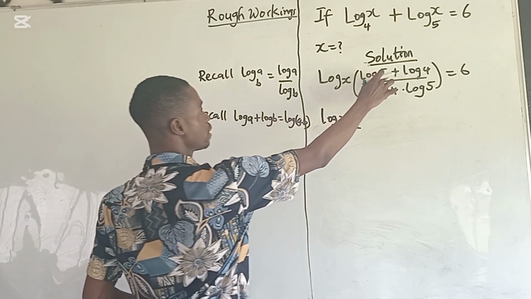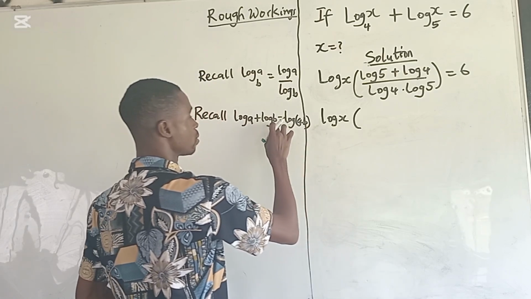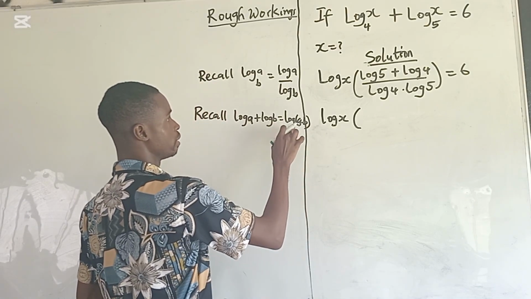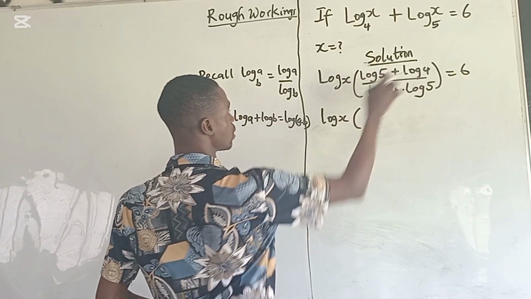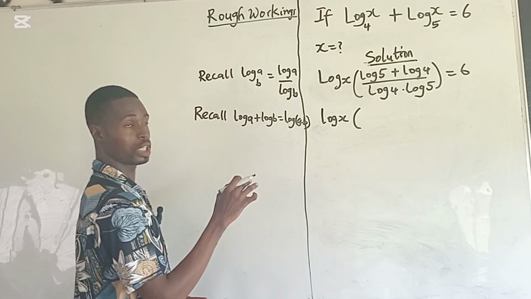So this our 5 will be our A, then this our 4 will be our B. So instead of writing this, we are going to write it as this, as much as they are equivalent to each other. You get that?